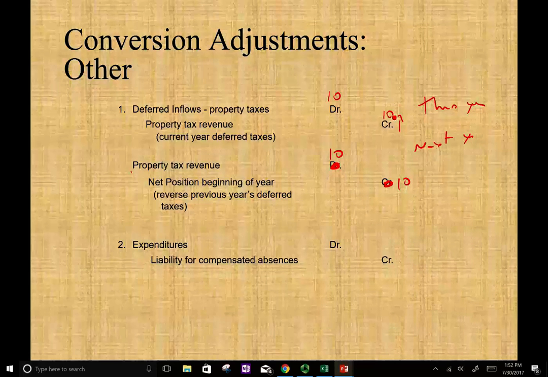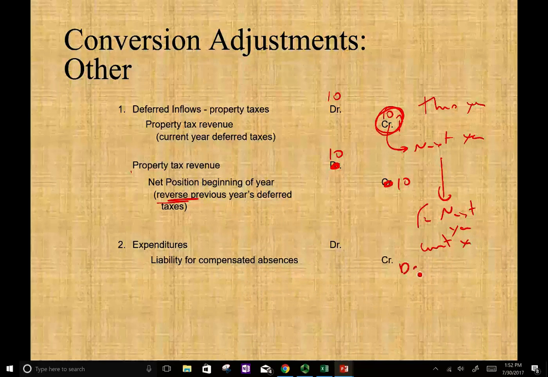Because this $10 that we recognized as revenue for last year made it to the actual fund. So it's in the actual fund. Therefore, we need to reverse it. We debit property revenue, credit net position. Then again for next year, the current year, we will debit deferred inflow and credit revenue. And again, we'll see this in a clear example.